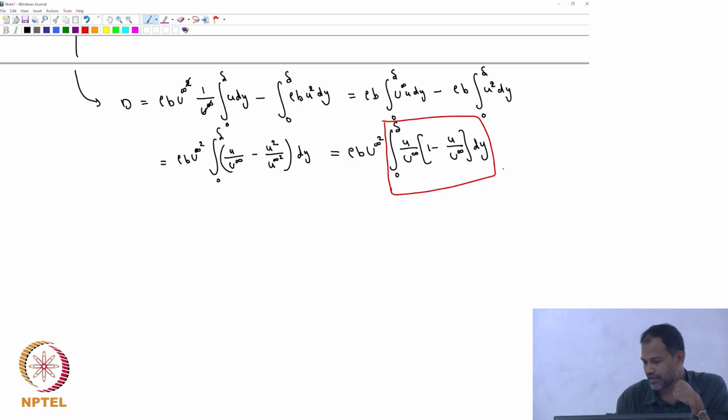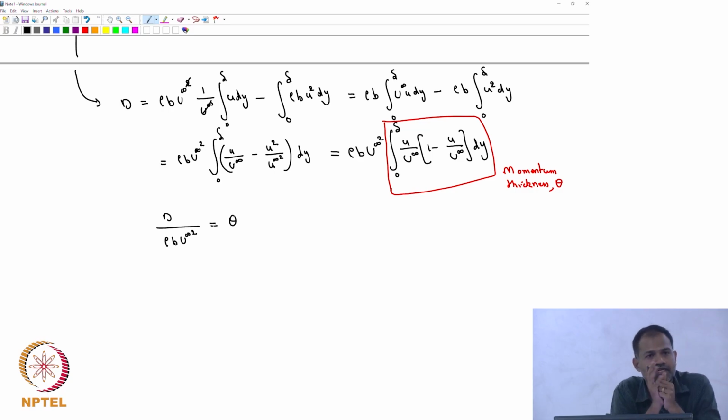That is momentum thickness theta. It's really a measure of drag force. If you look at it, D divided by rho B U infinity square is equal to theta, because that integral is theta.